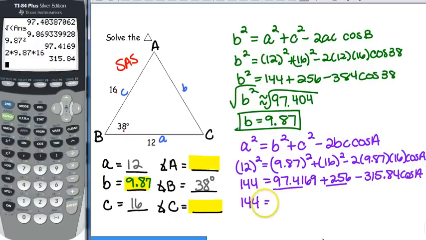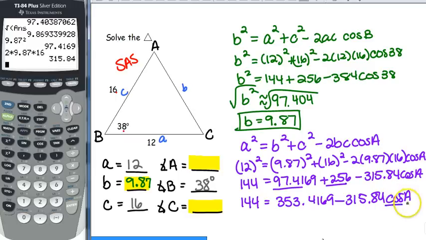So we've got 144 is equal to a positive 353.4169 minus 315.84 cosine of A.